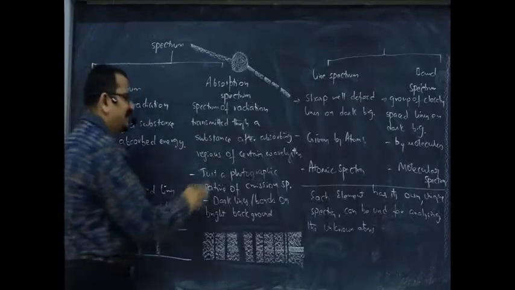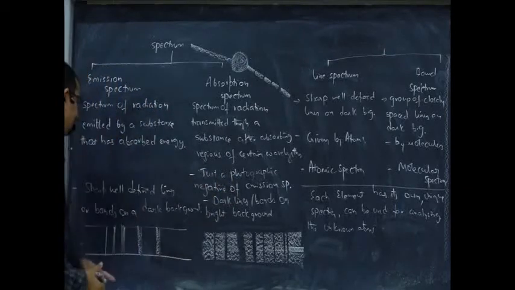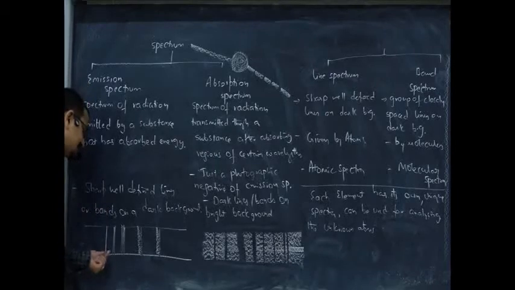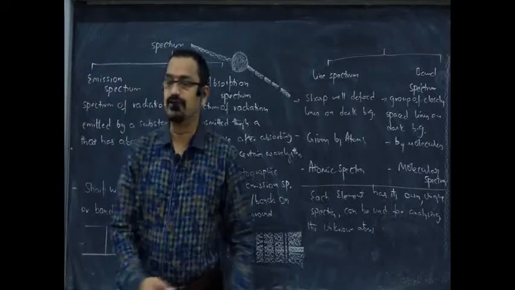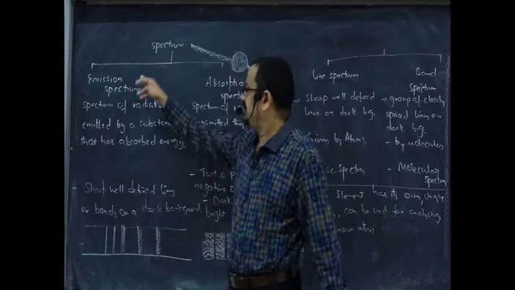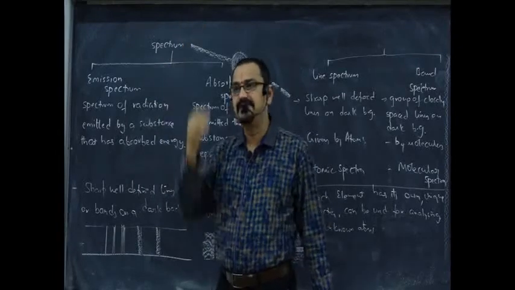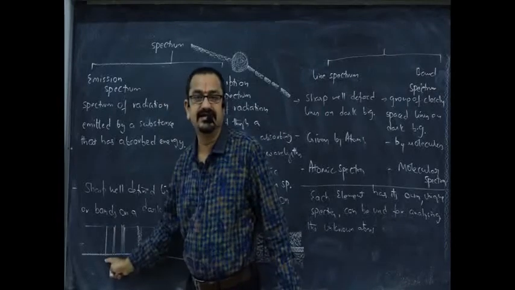We can say it is just a photographic negative of emission spectrum, like how emission spectrum contains sharp well-defined lines or bands on a dark background. See, actually photographic film is dark in color, right? Now during emission spectrum, when a light beam is emitted out, that gives a sharp well-defined line in this way.